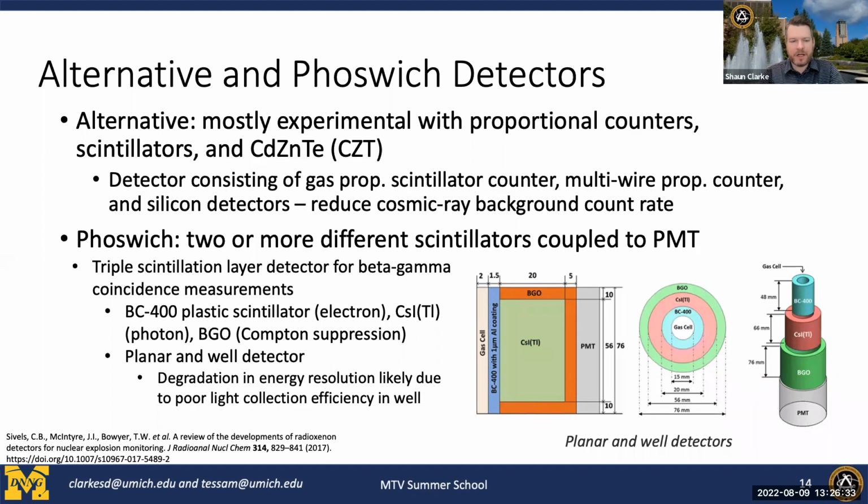At the bottom here, it's a concept called the phoswich detector, which basically means sandwiching together multiple different scintillators. So kind of like what you see on the far bottom right of the slide, you see a BGO, cesium iodide, plastic. You basically nest all these different scintillators together and use complex correlation logic to have very high specificity to the background.